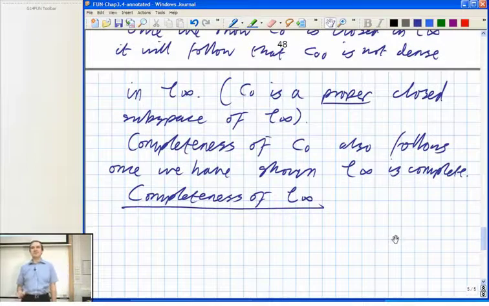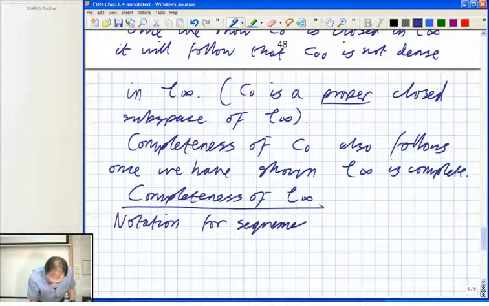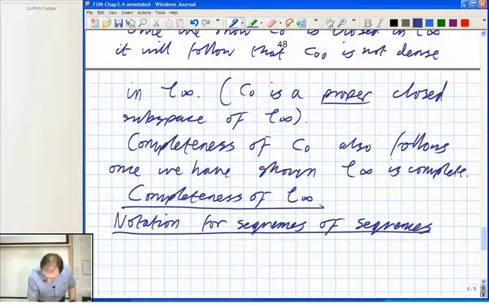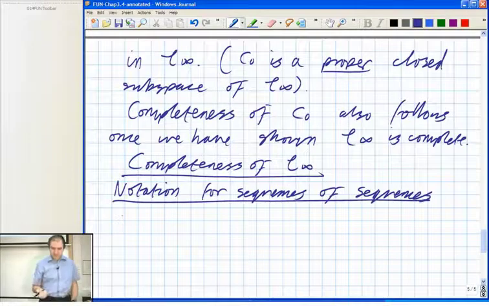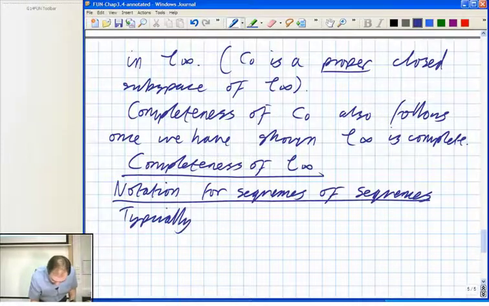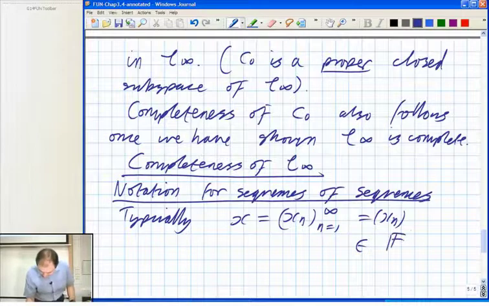We need some notation for sequences of sequences. We have the problem that we're going to be writing x equals (xn), n equals 1 to infinity, which is just one sequence in F to the N, typically for us.